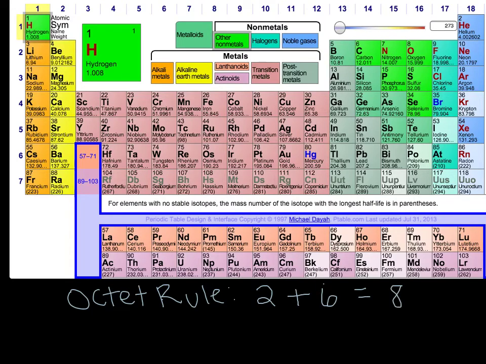They would really want to combine because then they would have a full outer shell, a full valence shell of electrons with 8 electrons. Once they have these 8 electrons, they end up acting like this far column here. Remember, these are the noble gases.